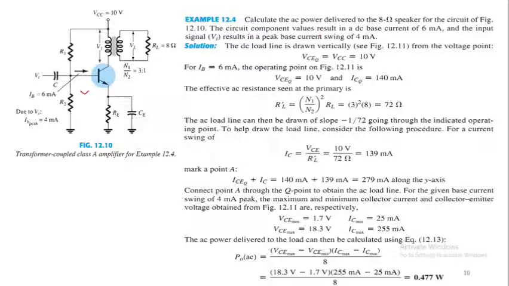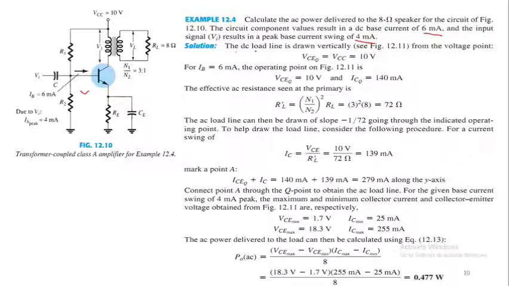The circuit component values result in a DC base current of 6 milliampere, means IB की value given है 6 milliampere, and the input voltage that is VI result in a peak base current swing of 4 milliampere, और IB की जो peak swing है वो भी given है, that is 4 milliampere की swing है. तो इसका हमने सोल्यूशन फाइंड करना है, that means we have to calculate the AC power delivered to 8 ohm speaker.